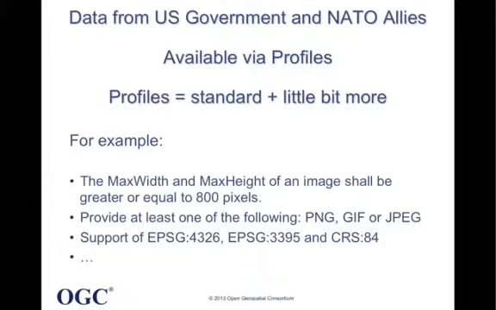Most of the times, the services are provided in a very basic way. Other times, like in this case, governments or organizations provide some restrictions about how to provide the standards. So they provide a little more rules.